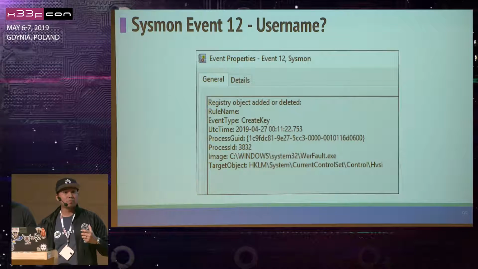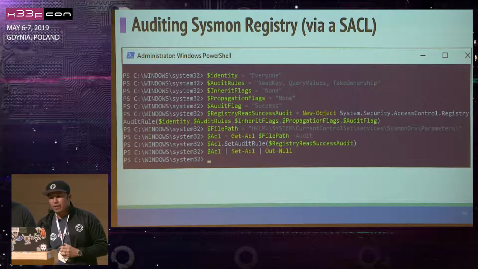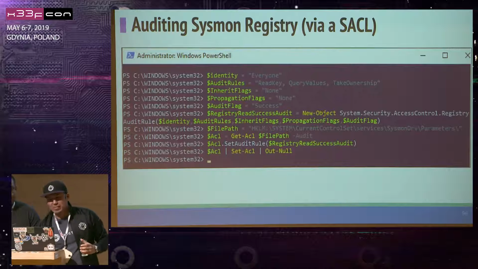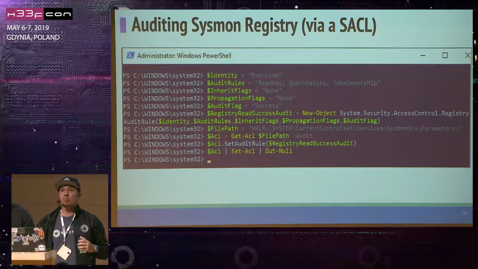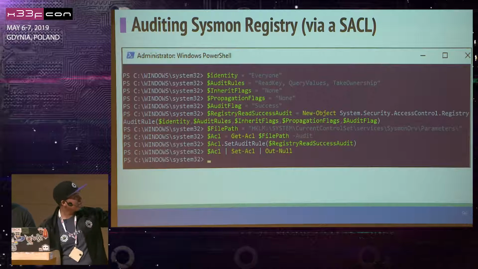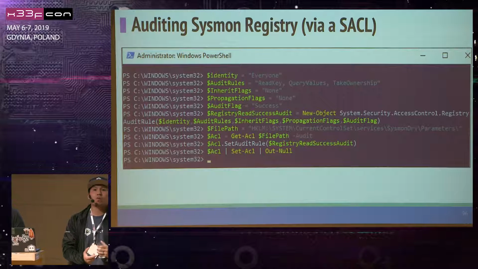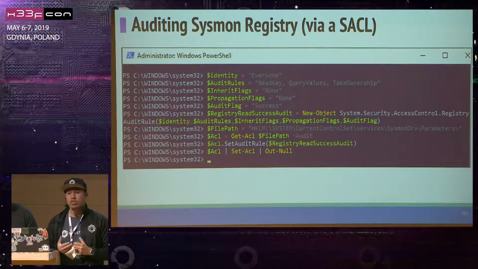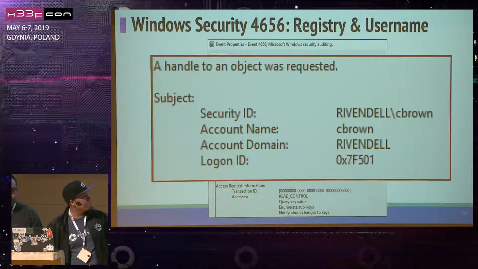If you want to map a registry to a user, you might need a SACL. A SACL is pretty much a system access control list. And you can use this SACL mapped to a Sysmon registry, for example. If I create a SACL on the Sysmon registry, every time my adversary wants to query or access the information about Sysmon through the registry, I'll be able to get this event, which is going to give me the specific user.